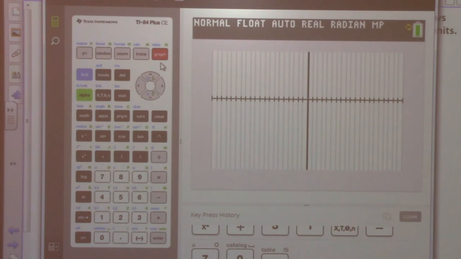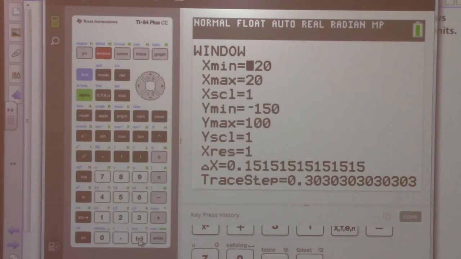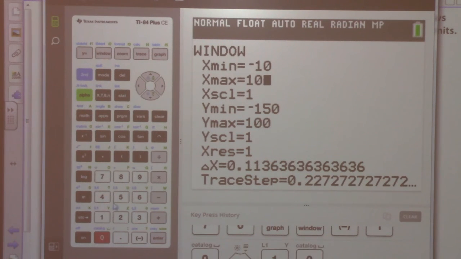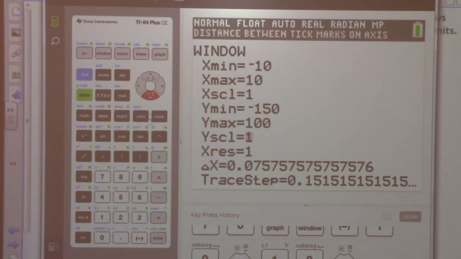We graph. Yeah, so that gets everything here, doesn't it? And I'm going to change this to make it maybe just a little easier to count. And I'm going to change my Y scale to 10.